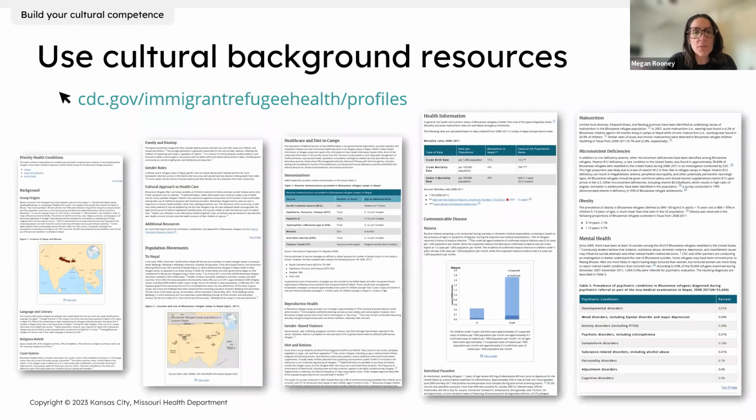There's cultural backgrounders you can use. We don't want to rely on these, of course. We want to talk to people and learn from them and learn their experiences that are all unique.